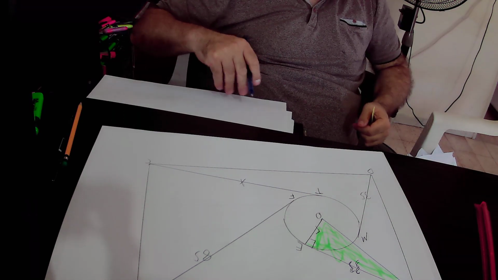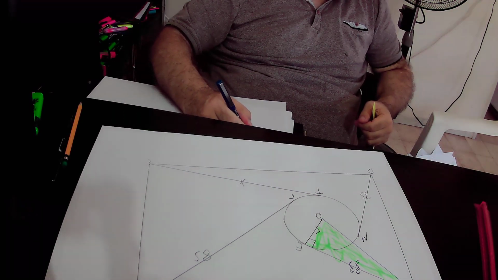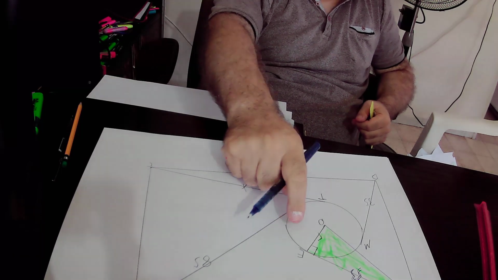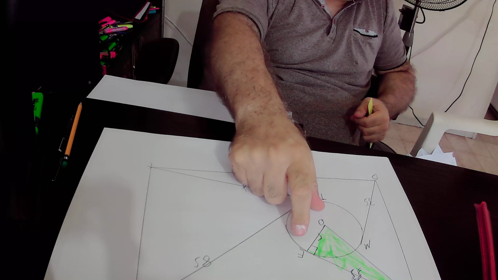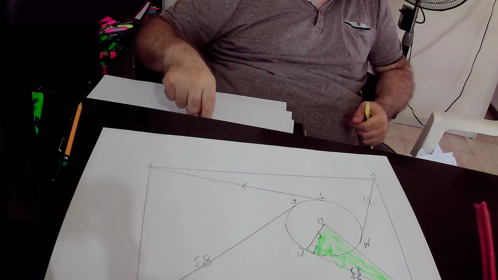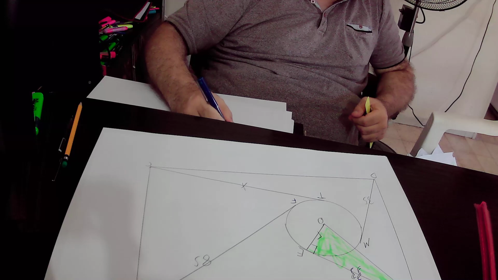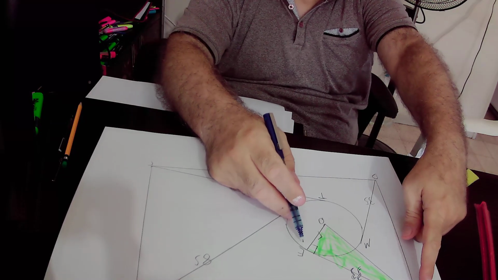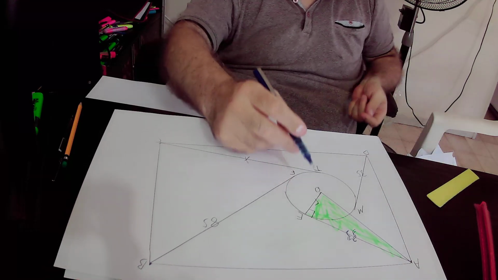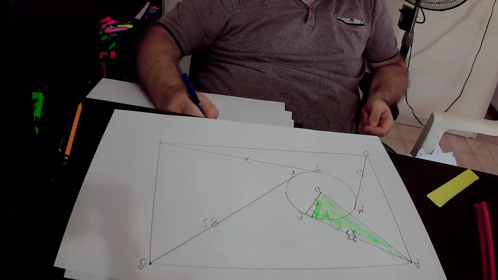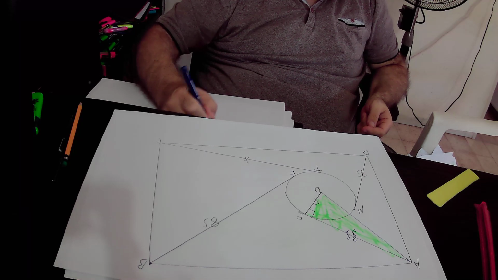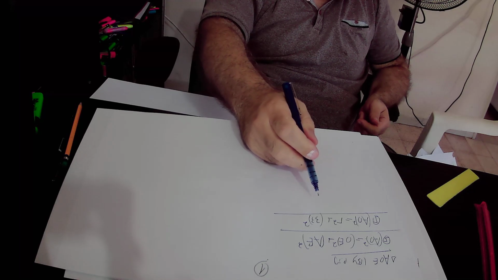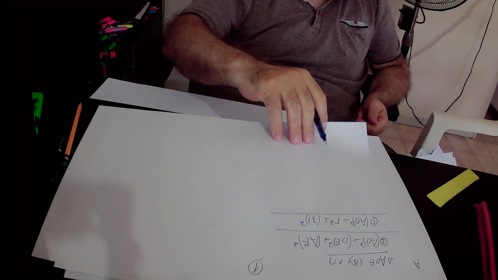So AO square equals OE square. OE is the radius of this circle, that is to say it is equal to R, therefore OE square is R square, plus AE square. AE equals 33 units, therefore AE square is 33 square. So in conclusion, we found out that according to equation number 1, AO square equals R square plus 33 square.